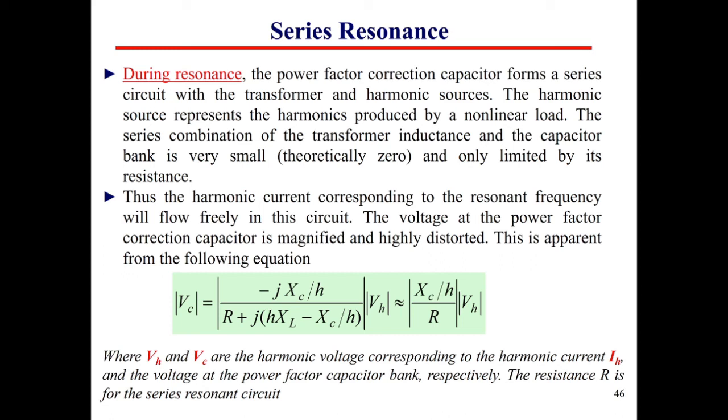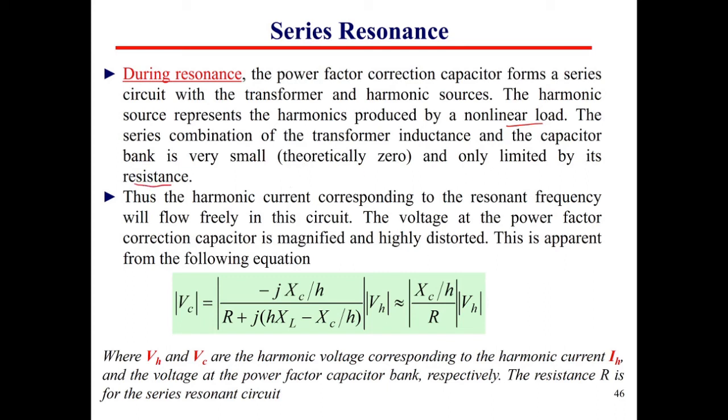During resonance, the power factor correction capacitor forms a series circuit with the transformer, and there is a harmonic source flowing through them, where the harmonic source represents the harmonics produced by the nonlinear load. The series combination of transformer inductance and capacitance will be very small, limited only by the resistance.